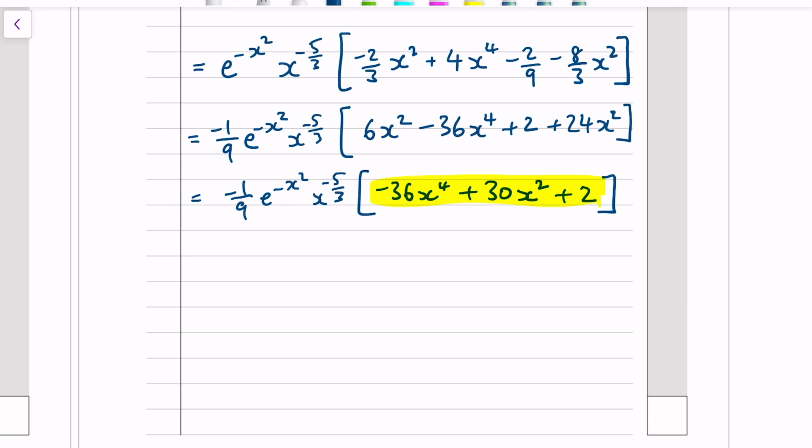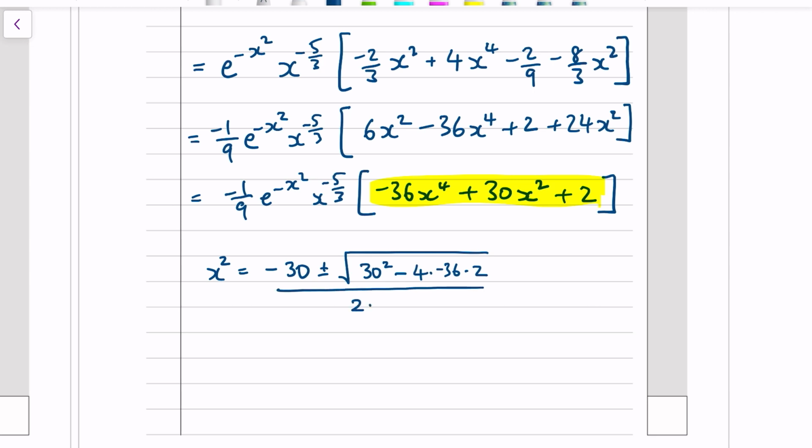So x squared equals minus b, negative 30, plus or minus the square root of b squared, 30 squared, minus 4 times negative 36 times 2, all over 2 times negative 36. So I've treated this as the a, this as the b, and this as the c, used the quadratic formula, but I'm solving for x squared and not x.